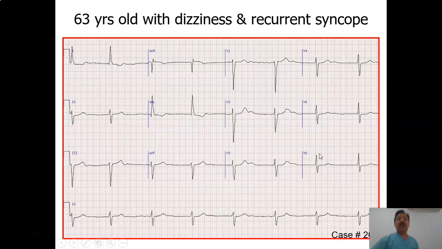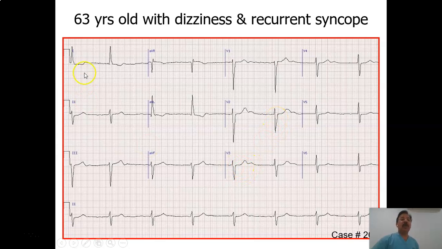Another evidence of left ventricular hypertrophy is to look at the R wave in lead AVL. If it's more than 13 mm, like more than 2.5 big boxes, this is again in favor of left ventricular hypertrophy. So probably left ventricular hypertrophy is there.